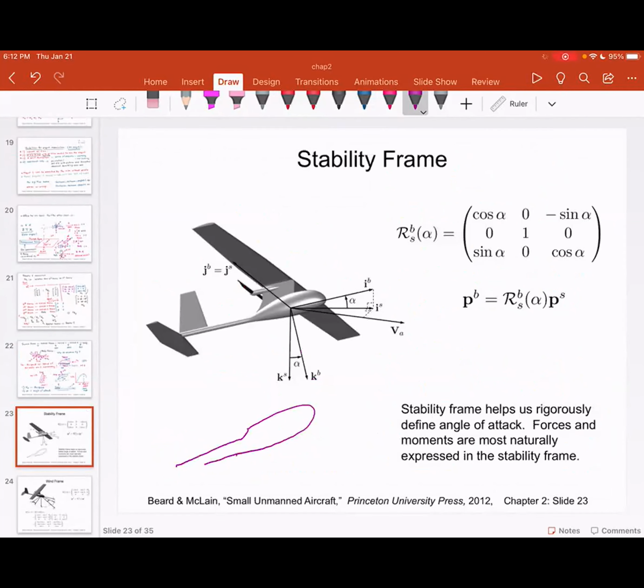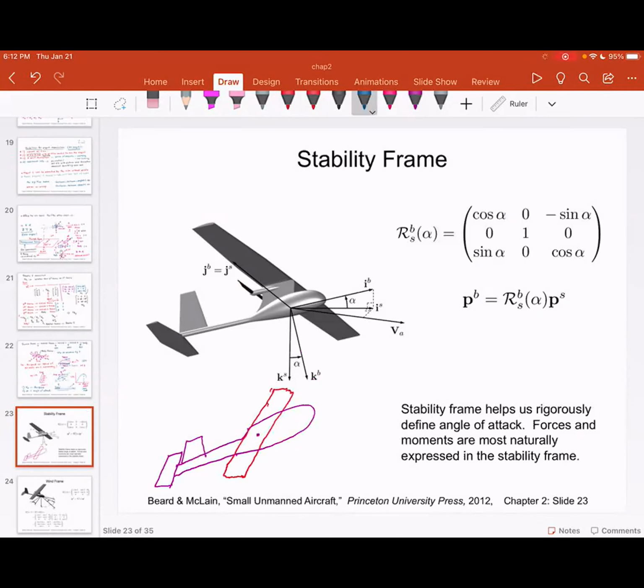You have this aircraft, and what I want you to notice is that these are the wings of the aircraft. First and foremost, let's specify the body frame.